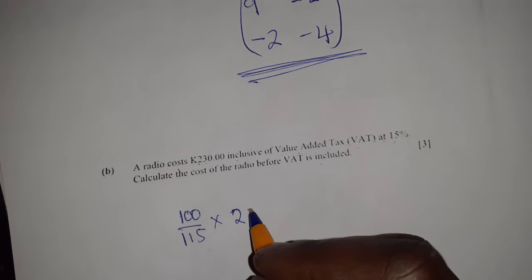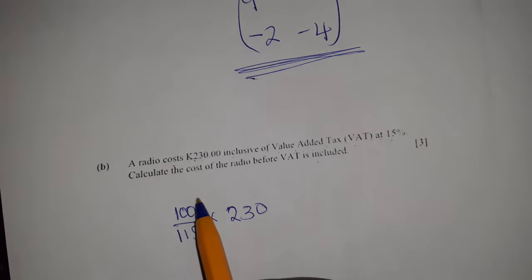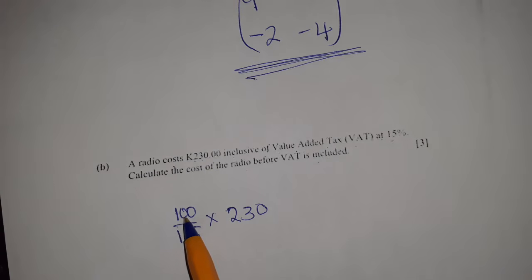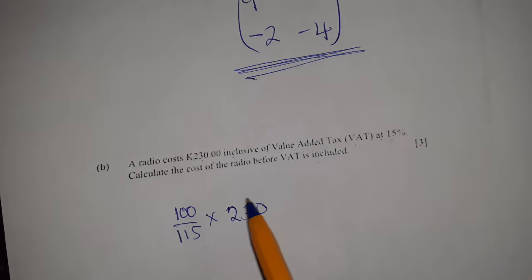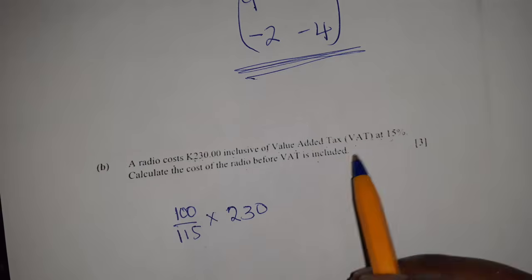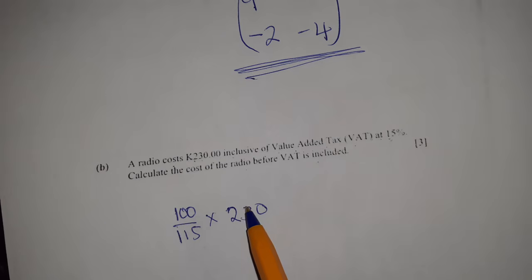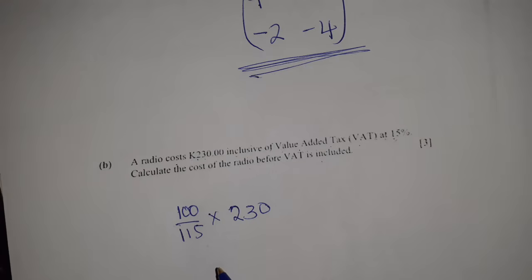So we want to find what is 100%, because this amount has got a 15% added, so we want to go to the original, which was the initial 100%, the price before that is added.